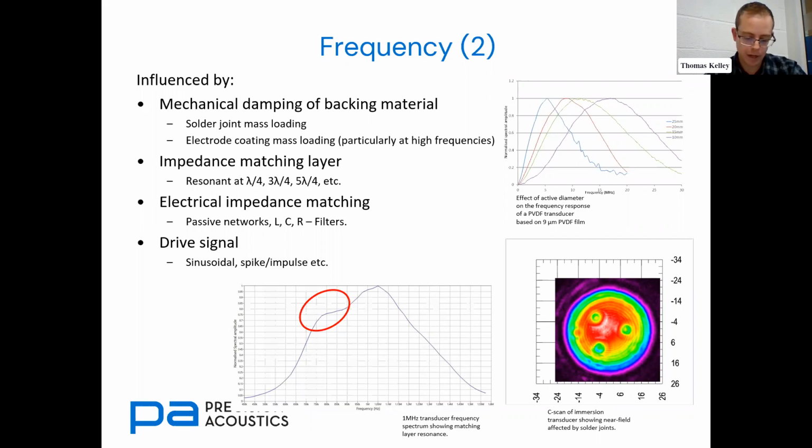If you drive it with a broadband voltage spike, an impulse, you'll get a response essentially equivalent to the transducer's impulse response function, typically centered around the resonant frequency of the piezo and all the other parts that make up the transducer. Similarly, high voltage impulses which are not sufficiently broadband or might have too much duration to elicit the transducer's designated frequency will yield some unexpected results. So the drive signal is very key as well in considering the design of transducers.